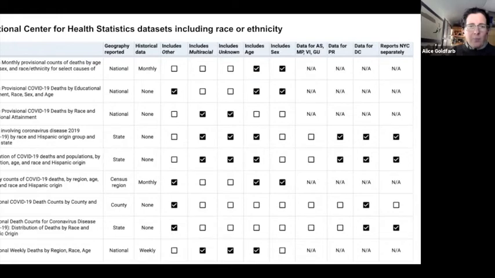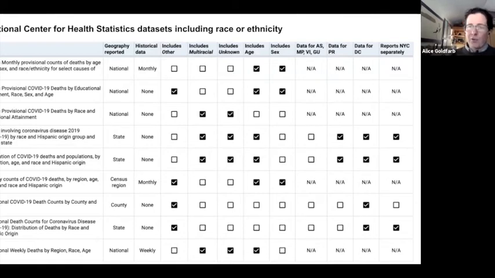This is a snapshot of the National Center for Health Statistics, the NCHS data sets, which are based off of death certificates. Last week's presentation and a previous blog post explain in more detail the differences between how this information and other information about COVID deaths is collected. I'm not going to go into great detail about these data sets, but I do want to reiterate my theme throughout today, which is that the data sets are not at all set up to be compared to one another.